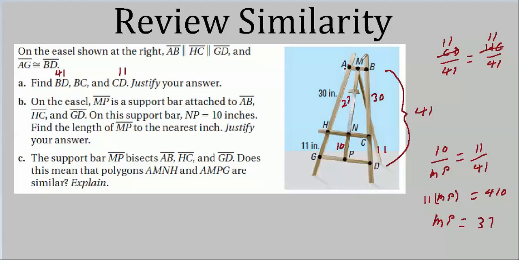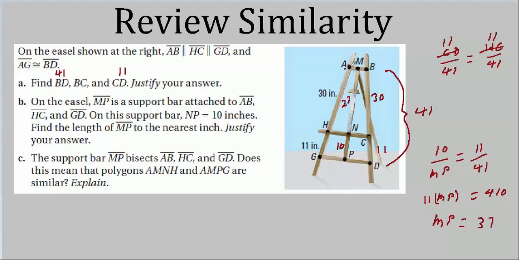On the other hand, if we take the ratio of, say, this side to this whole side, that would be 30 over 41. Well, whatever that is, it definitely isn't 1. And to be similar, all the ratios have to be the same all the way through.